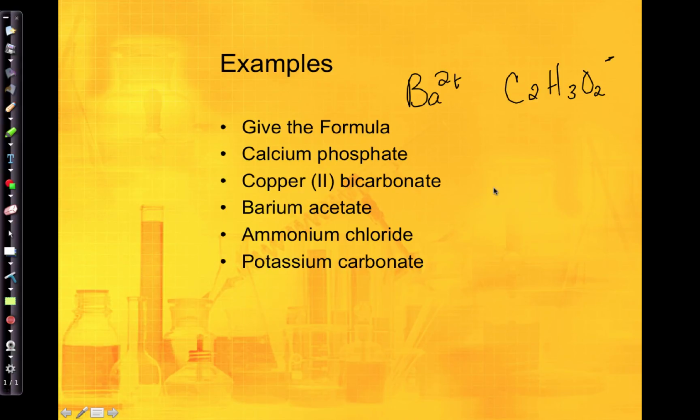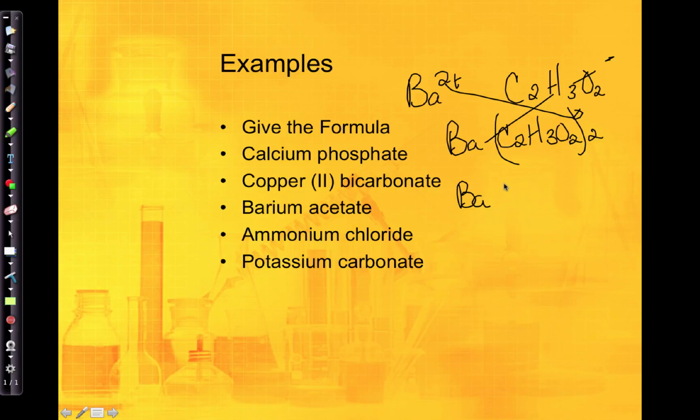All right, so bring the barium down, bring the C2H3O2 down, and then switch. 2 comes down here, parentheses, and the 1 comes down here, which you don't need to write. So it's Ba, don't need to write the 1, it's improper, Ba(C2H3O2)2. And that's barium acetate. And 1 and 2, of course, don't reduce.